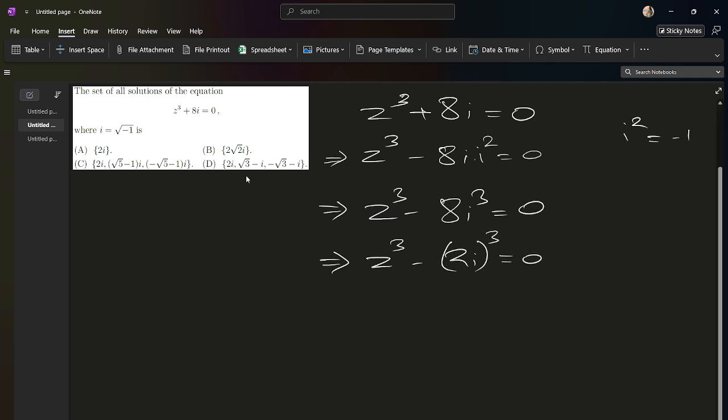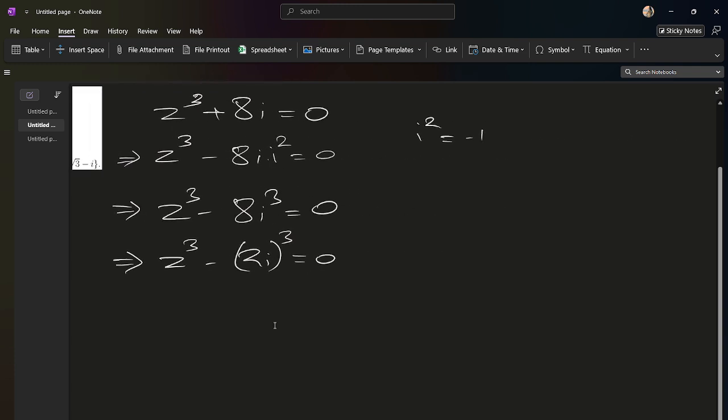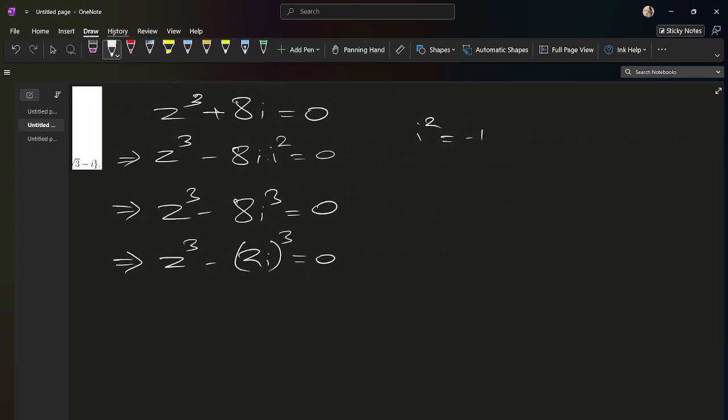Then we are going to use the very well-known formula for a cube minus b cube. We know that a cube minus b cube is equal to a minus b into a square plus ab plus b square.